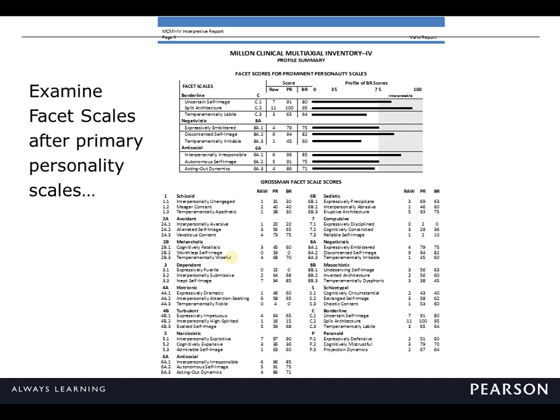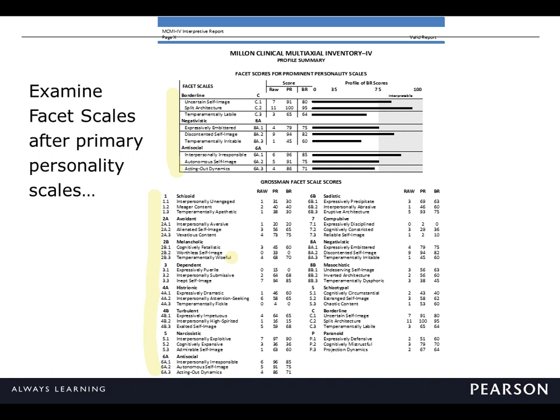First, looking at the graph at the top, which represents the highest three elevations where the base rate for the main personality scale that it's related to, in this case, is the borderline, negativistic, or antisocial, in this particular example, where they were over a base rate of 60. And then we would look to see what's most prominent there. It's also sometimes helpful to look at the bottom section as well, which is the full listing of all of the facet scales, to see if we have any particular outliers that might be highly relevant to the kinds of questions that we have about the person.